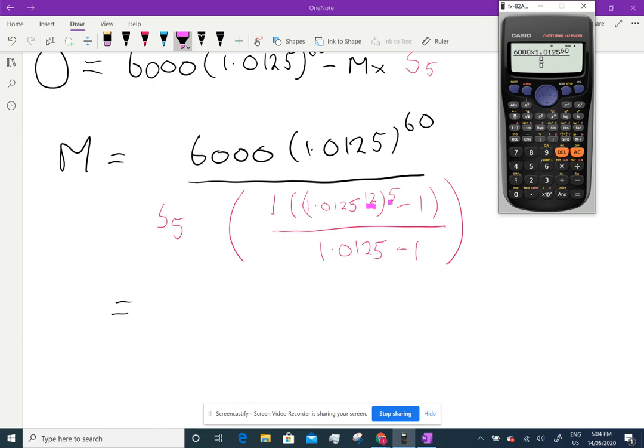So I've got bracket 1.0125 to the power of 12. Close the bracket. Put another power there, because there are 5 terms. Minus 1. Don't need brackets around that, because that's what the vinculum does. 1.0125 minus 1. And that should be it.